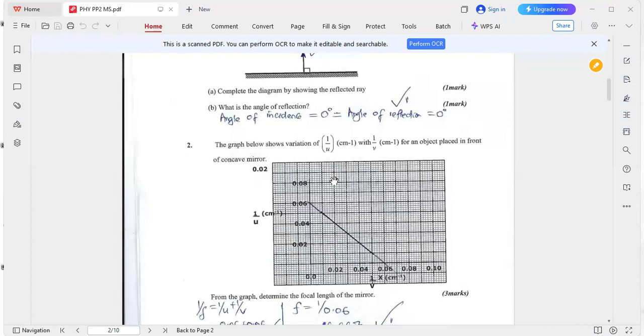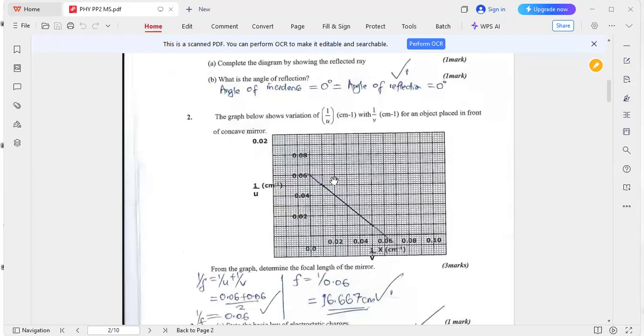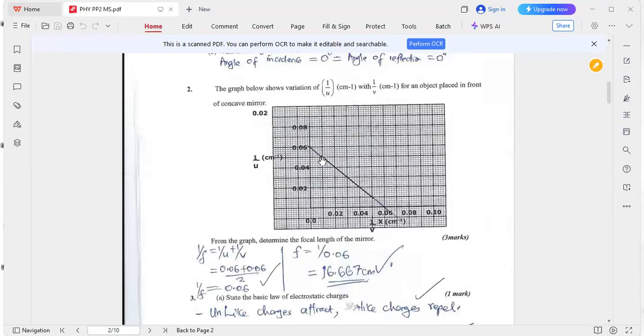So what you do is take a ruler and extrapolate the line, ensure it cuts both vertical and horizontal axis. Then you will find that in most cases, in such a graph, the y-intercept is the same as the x-intercept. Even if they are different, the difference is very small.